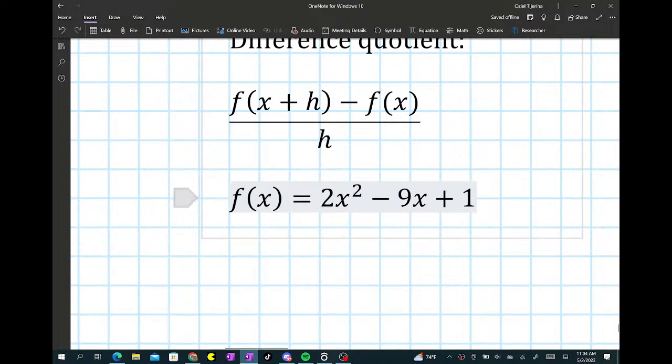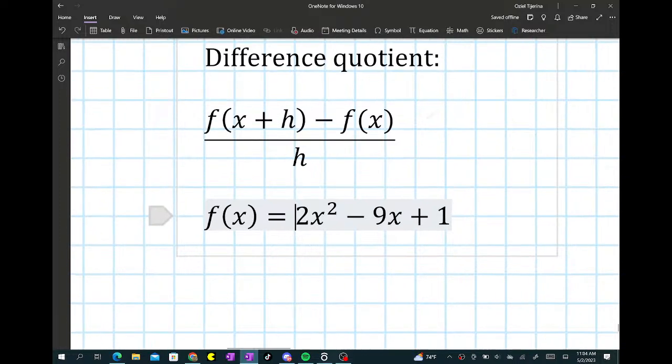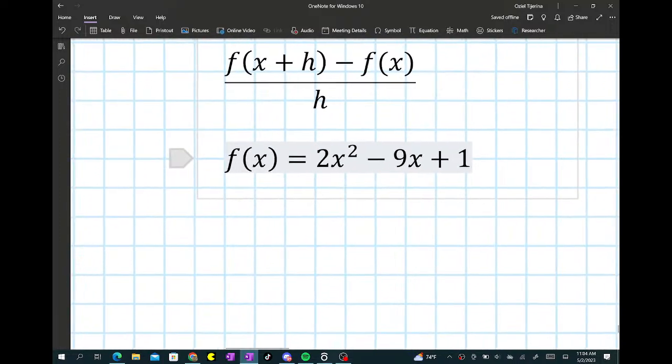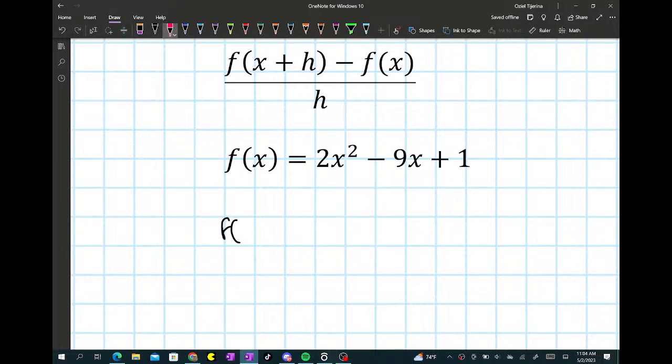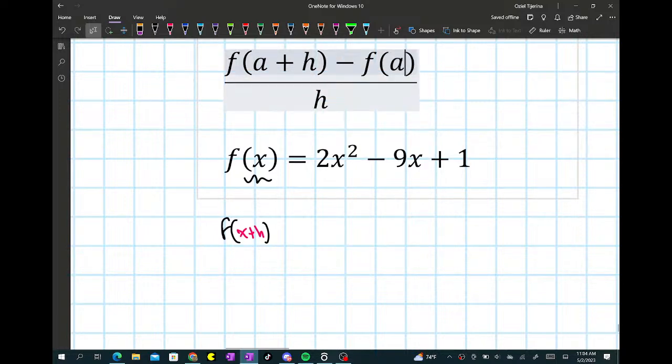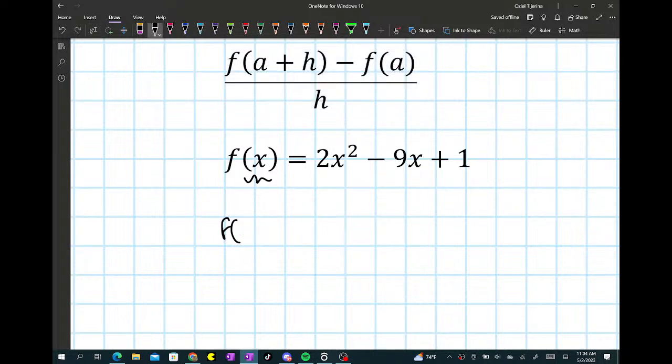Now, we're going to do this very quickly. So the way that this works is you have f of x plus h, right? So f of x plus h, we're going to first evaluate that for this. And actually, let me put a instead. There we go. I'll put f of a plus h because I don't want to use x for this.